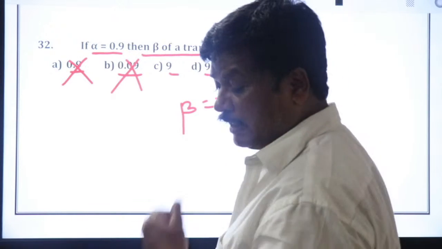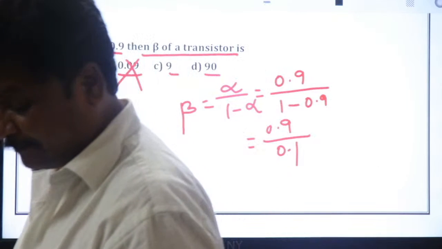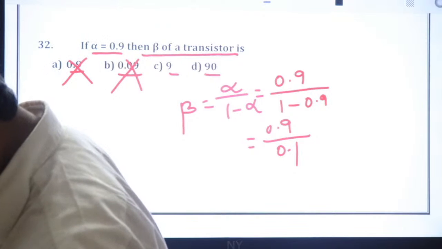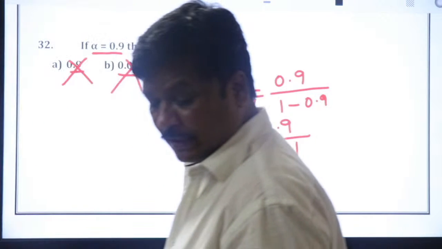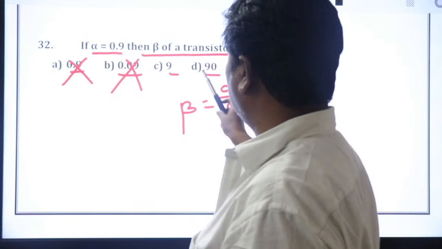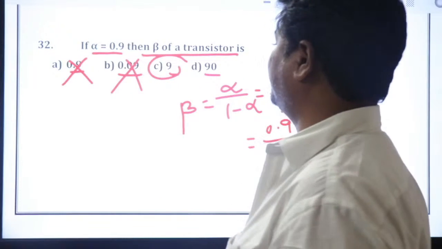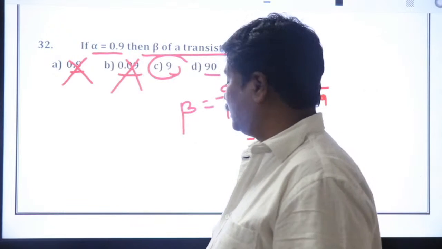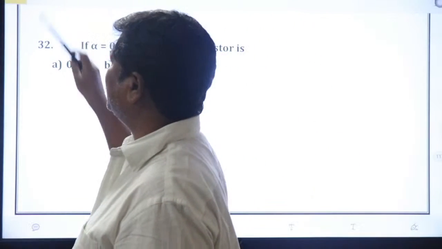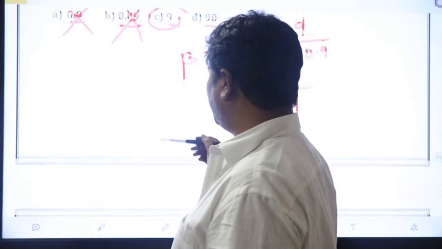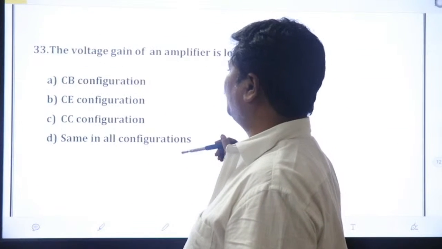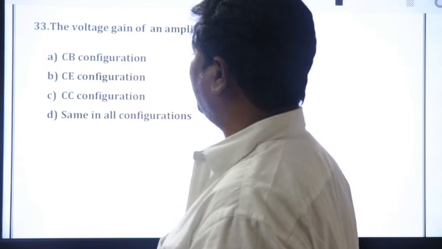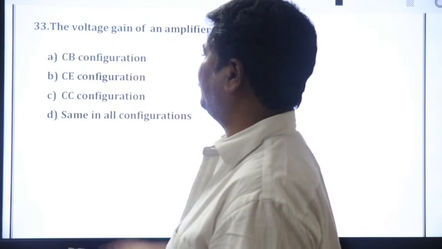So 0.9 divided by 0.1 is nothing but 9. Okay, ma'am? Clear? 9 is the answer because these are the relations. These are the formulas. All the relations you have to remember to answer carefully. This is for JE and sub-engineers, which is very, very useful. Of course, for AE level also, theoretical questions are common to this category only.